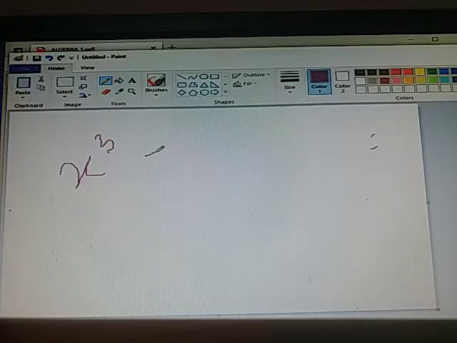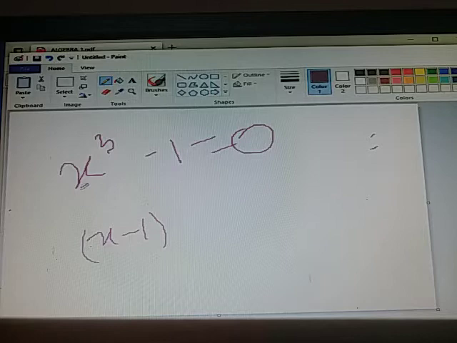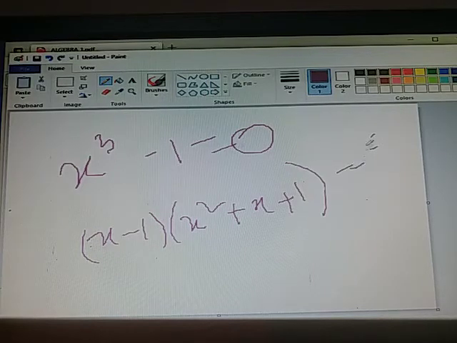This is a polynomial function. 1 is a root of this. If we write x equal to 1, then 1 cube minus 1 is zero, so x equal to 1 satisfies this equation, meaning 1 is a root. So x minus 1 divides this, and we get x squared plus x plus 1. Means x minus 1 is a factor of x cube minus 1.